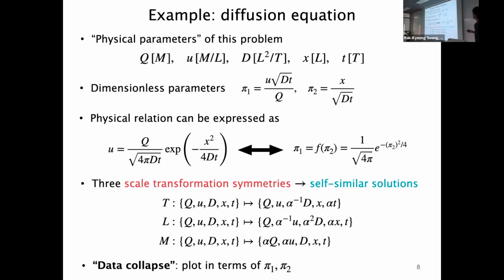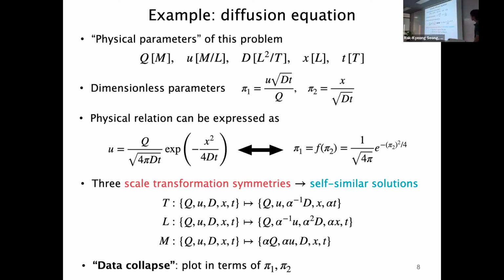Out of these 5 physical parameters in the system, we can combine them to make dimensionless variables. For example, we can combine them into pi1 and pi2. The number of these dimensionless variables is given by the number of original variables minus the number of units.